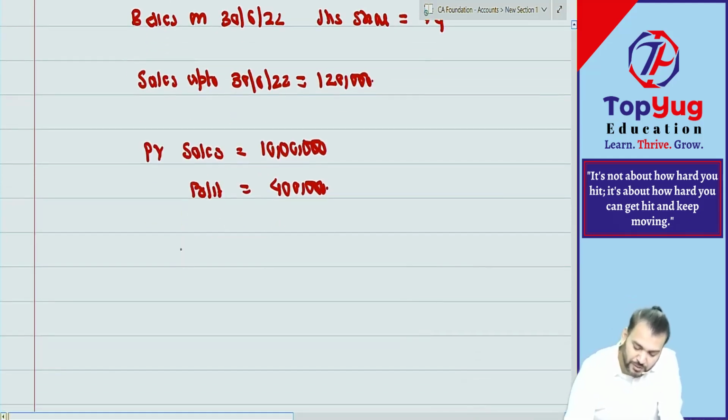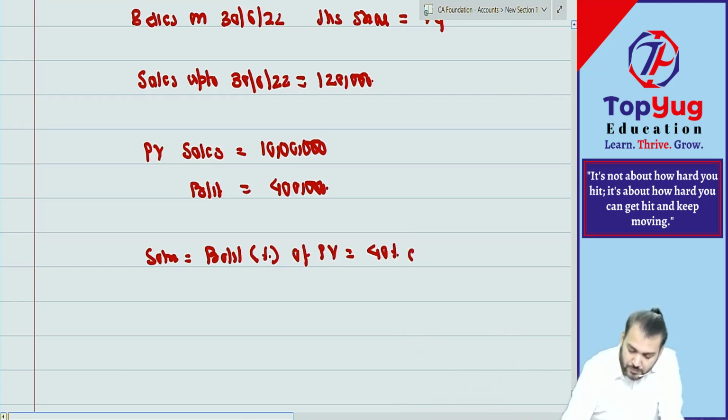First we'll find out previous year profit ratio, the profit percentage of previous year. It is 40% of sales, correct. Now for 3 months they have given sales.